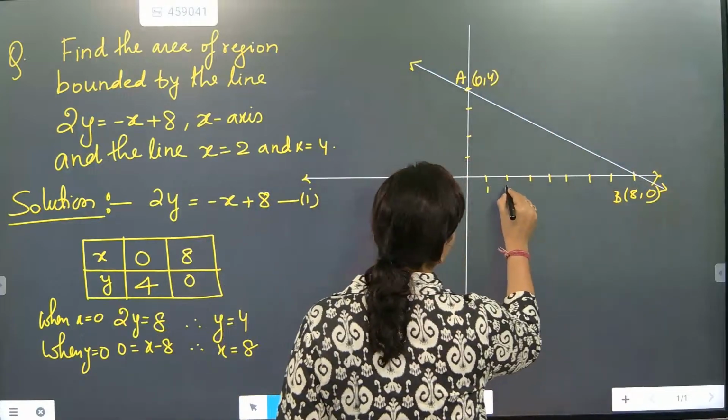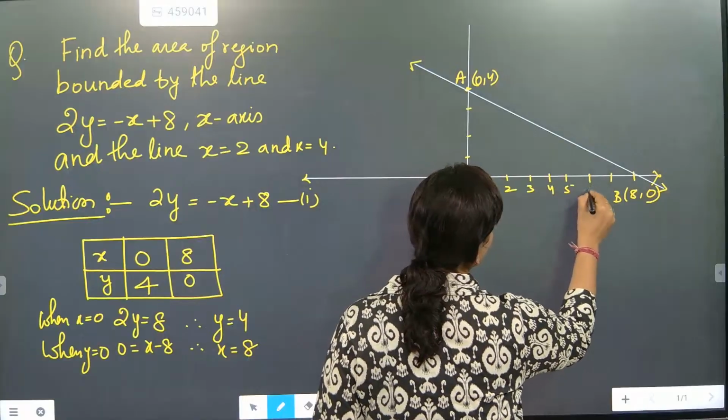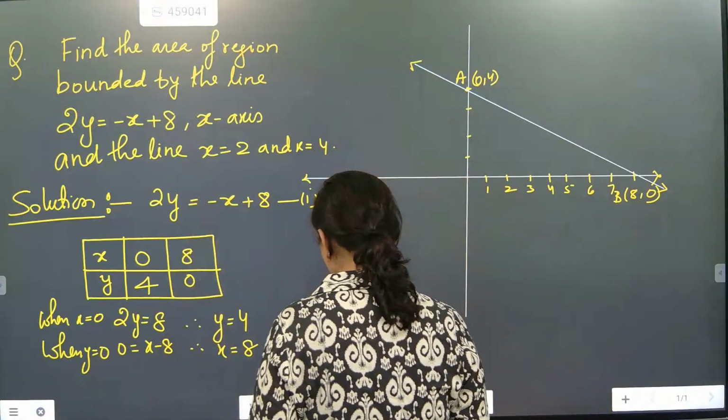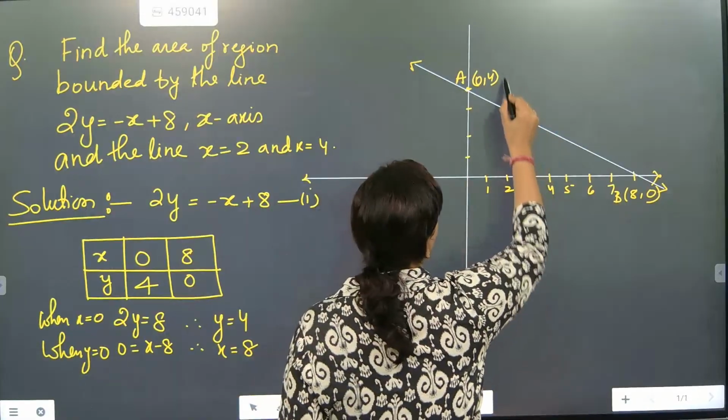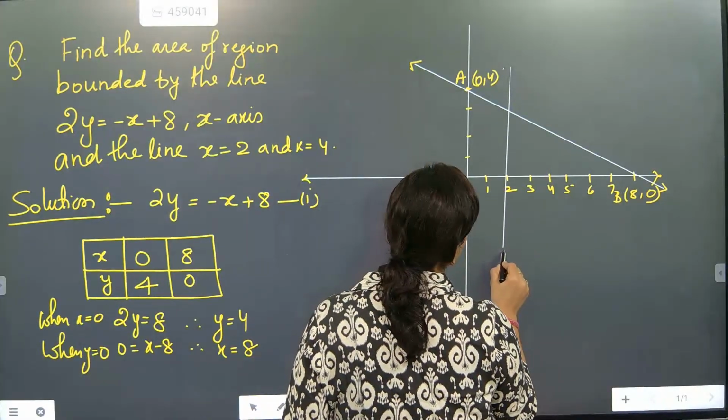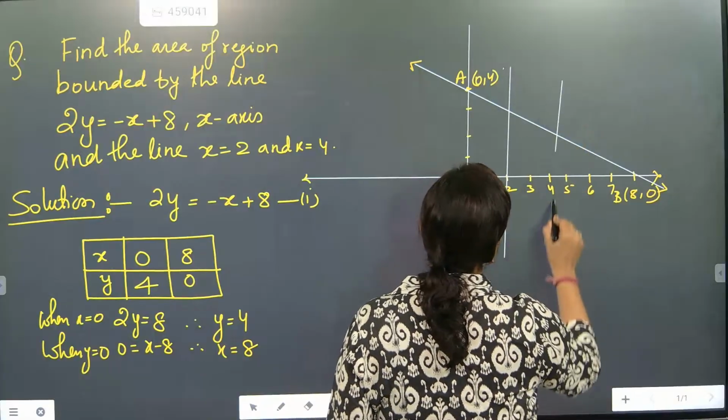Now x is equal to 2 and x is equal to 4.